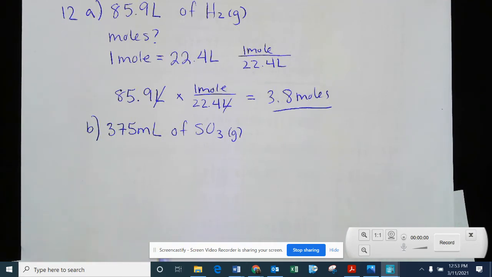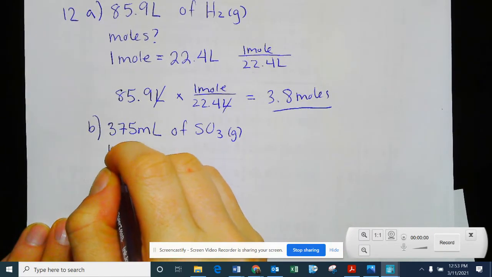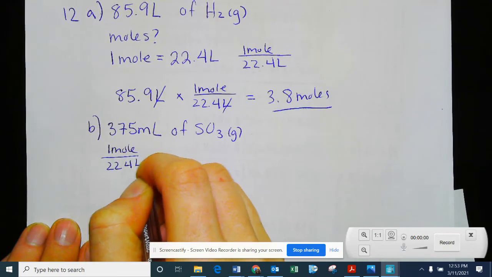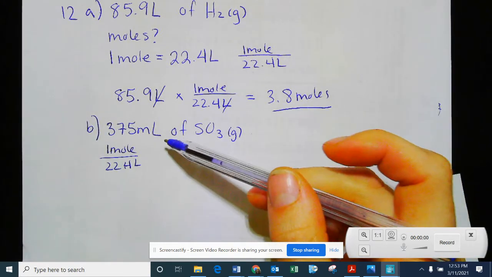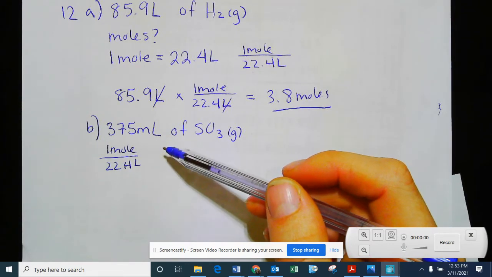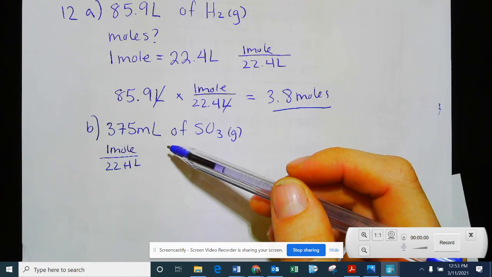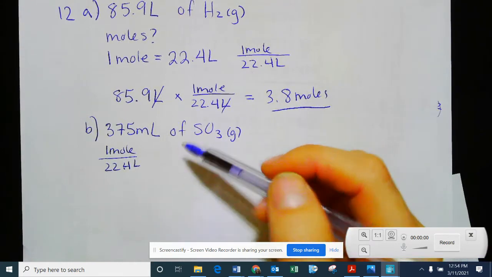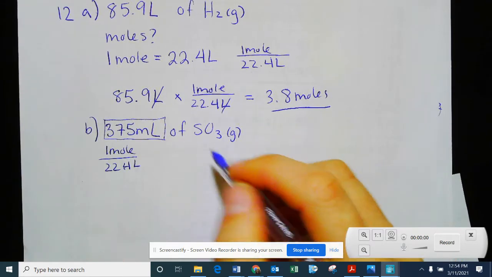If I have got 375 milliliters, and I know that there's 1 mole in every 22.4 liters, can I just do a direct conversion from milliliters and liters into moles, or do I need to do a step in between? Yeah, what do I need to do? Turn milliliters into liters, exactly. Yeah, so 375 milliliters, I need to make this into liters.